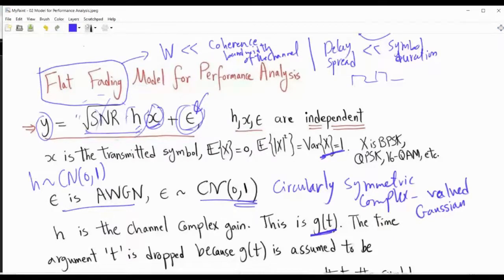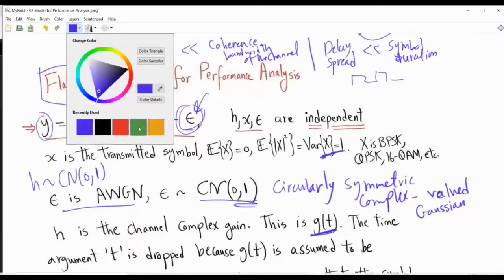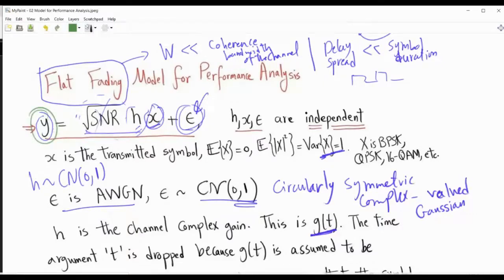So there is the received signal model. This is the received signal at the receiver, the baseband received signal after down conversion, and this is the transmitted symbol. It's one of the symbols in a constellation. Typically, those are equiprobable from the point of view of the system. And there is this channel gain.